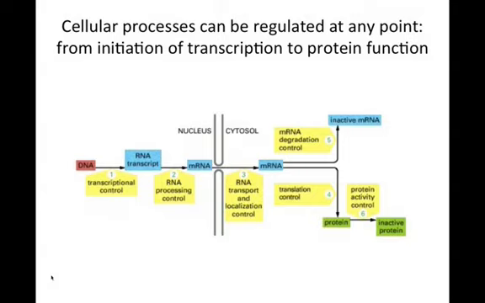You can get regulation in terms of RNA transport and localization, so some RNAs are transported to certain sites in the cell where they're going to function. And then you'll get translation, and whether or not the protein is translated at all. Sometimes you'll get inhibition of translation. Sometimes you'll get degradation of the RNA if you don't want any protein to be made. It's really yourself controlling this.